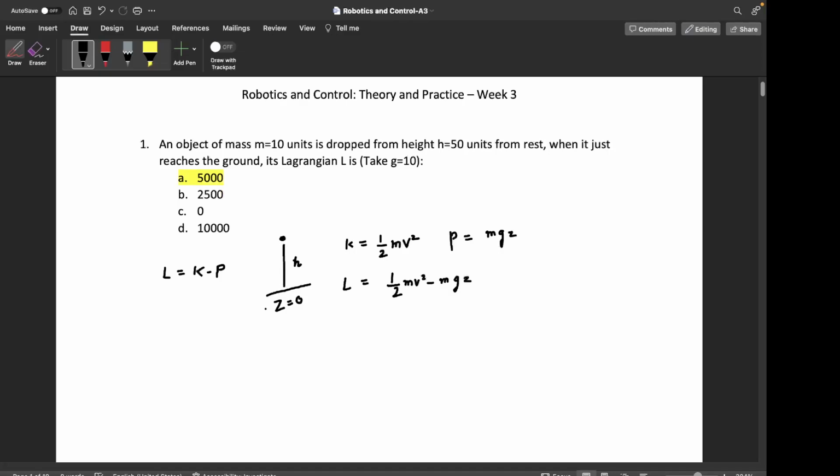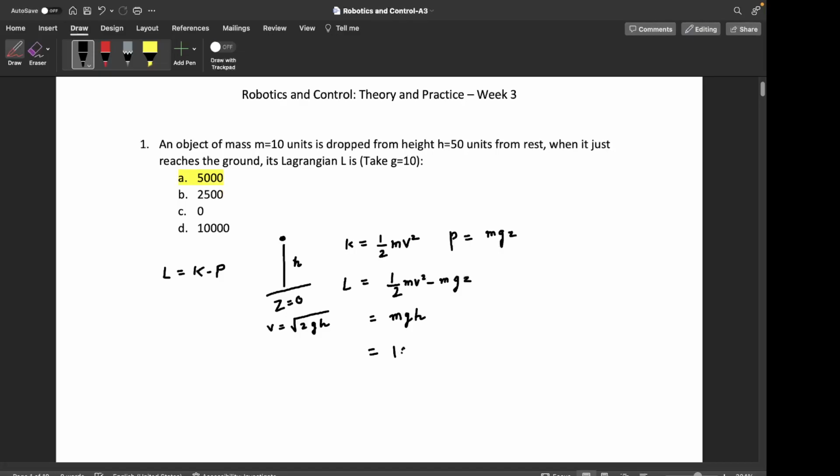You can also remember from basic equations of motion that when an object is dropped from a height h, its velocity when it's about to hit the ground is under root 2gh. So if we put these values in L, we will get mgh. Z is 0 and v is under root 2gh. And now you can put the values here.